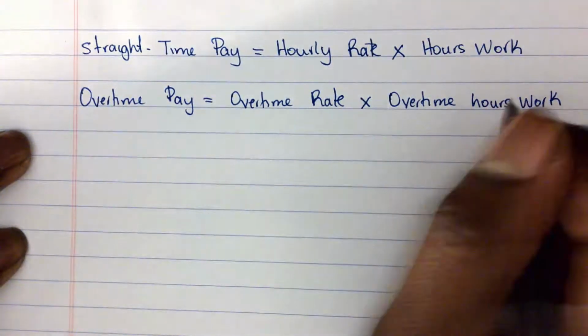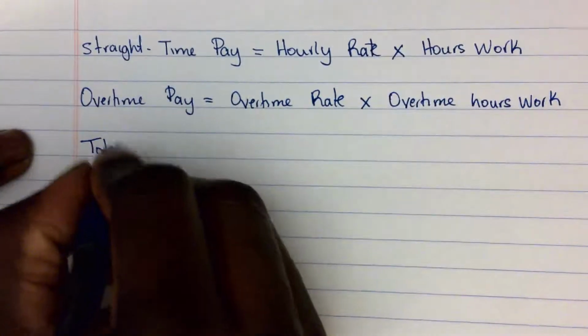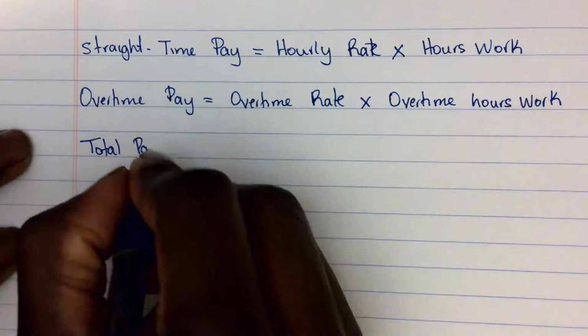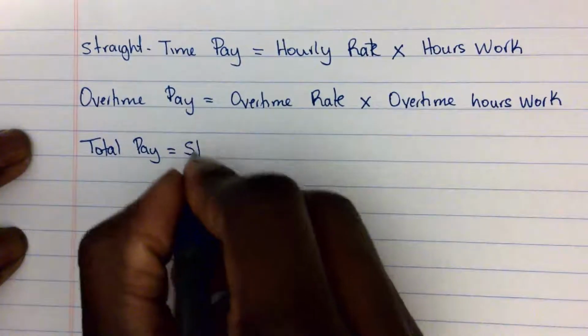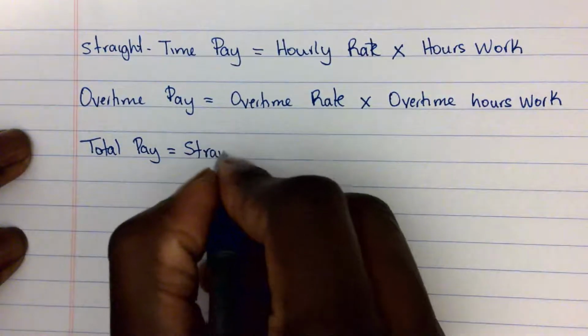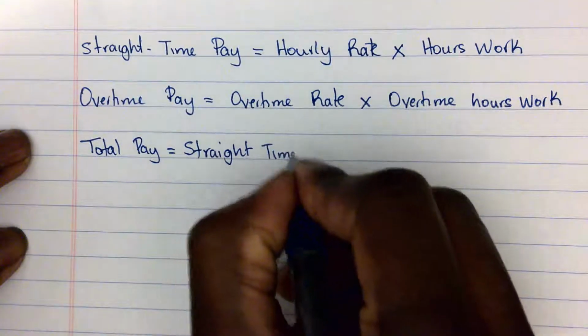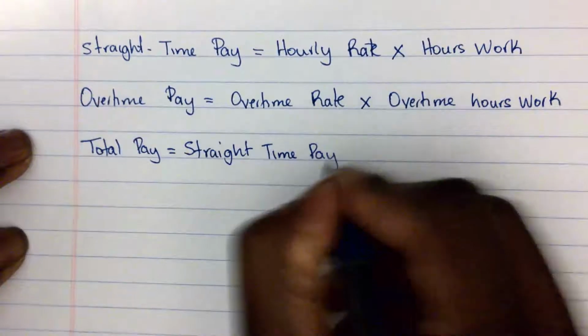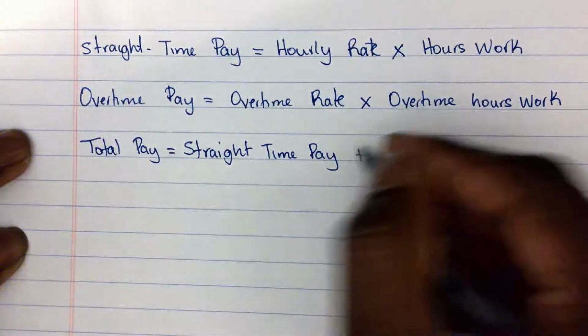And then lastly, we need to calculate the total pay. Your total pay is equal to your straight time pay, which is your regular week's pay, plus whatever overtime you work, if you work overtime.